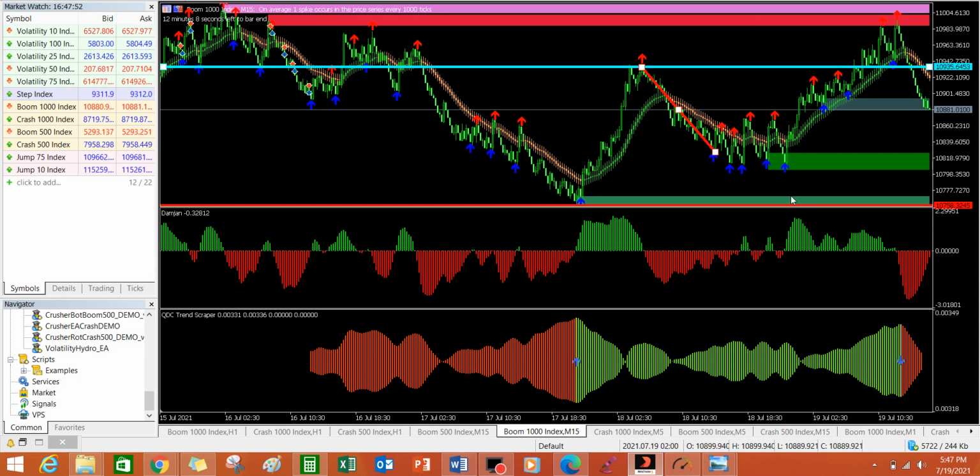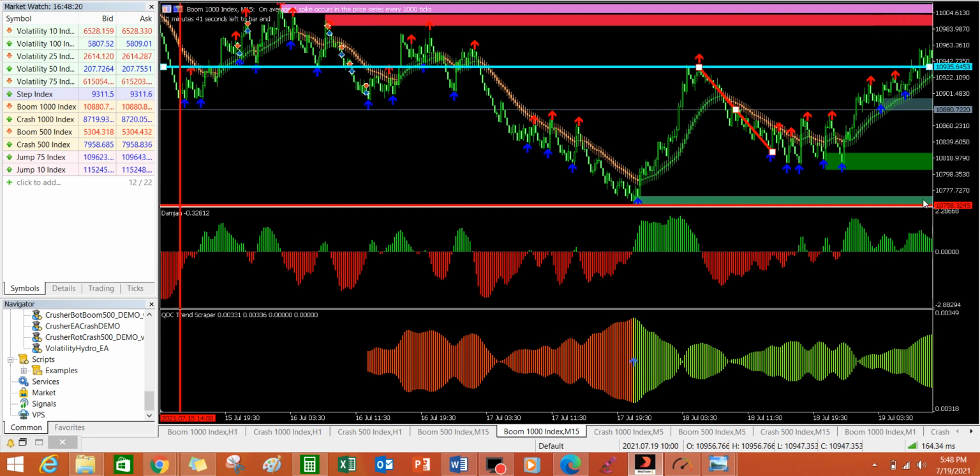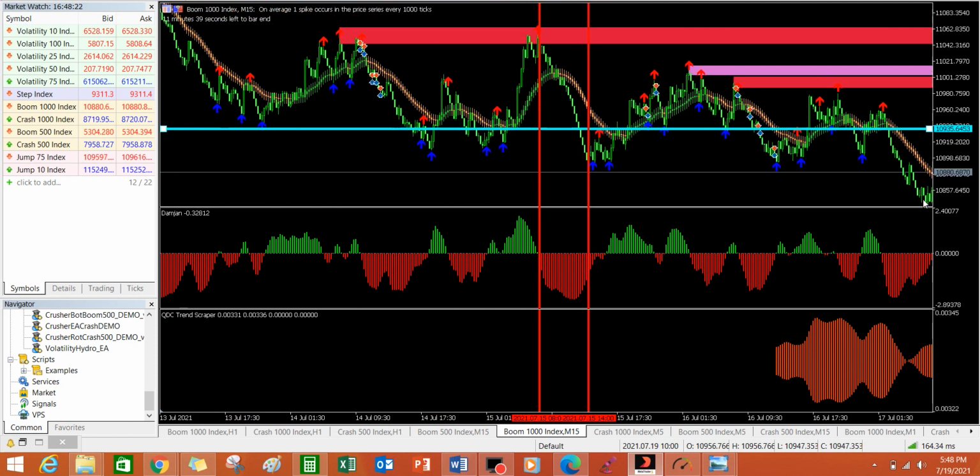If you put your cursor right here, it is going to tell you the strength of the support level, and as we can see, it is an untested support level. So this is the support level, even though it is yet to be retested. But this is coming down. This might get to this level and test this, and let's hope that it is going to test this too. So that is how you can use it to trade your Boom and Crash successfully.